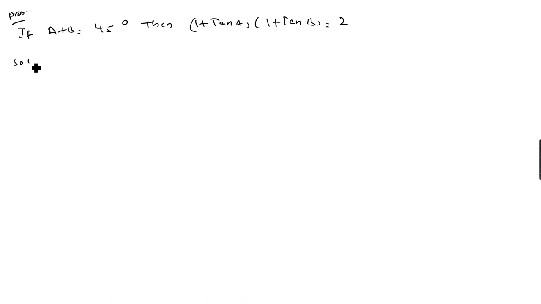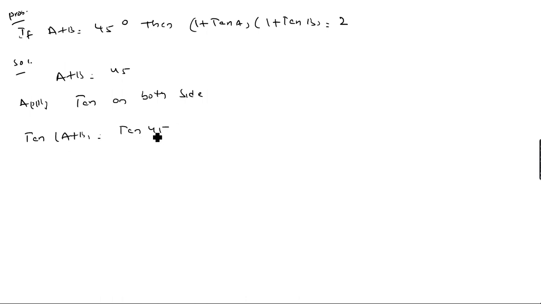So here the solution is, given that a plus b is equal to 45 degrees. Apply tan on both sides. So we get tan of a plus b equal to tan 45. What is the formula for tan of a plus b?